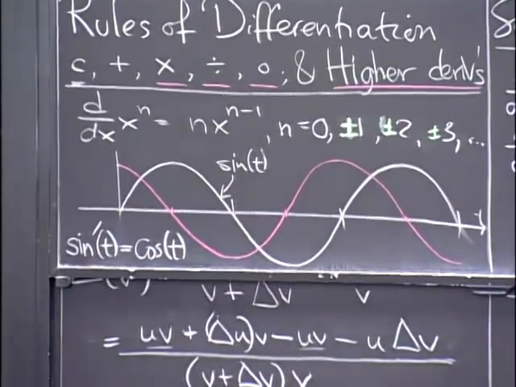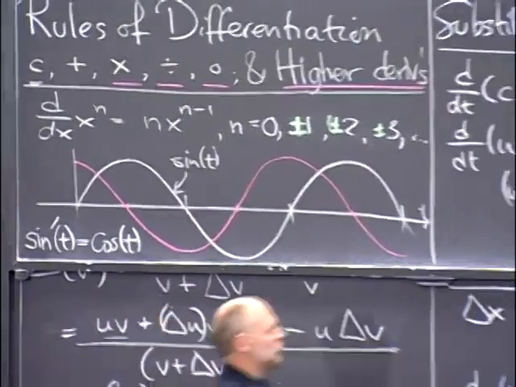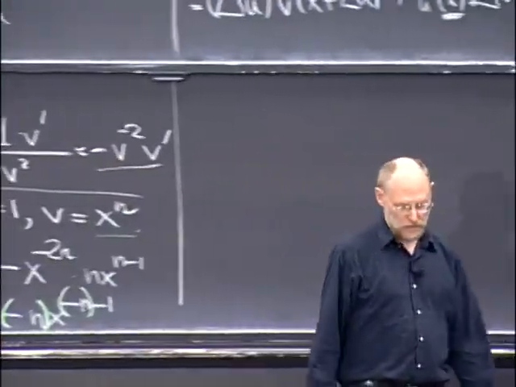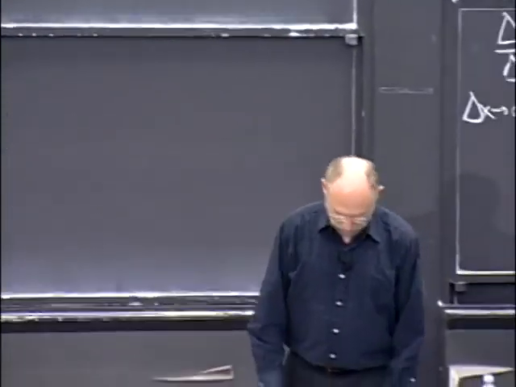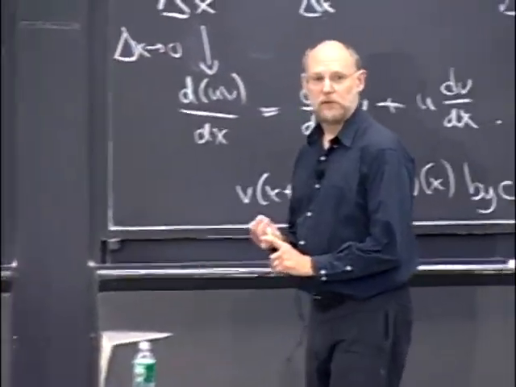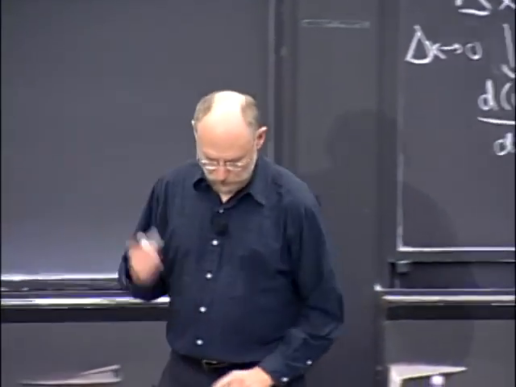That standard rule is true for negative as well as positive exponents. And that comes out of the quotient rule. Okay, so we've done two rules. I've talked about the product rule and the quotient rule. What's next? Let's do the chain rule.